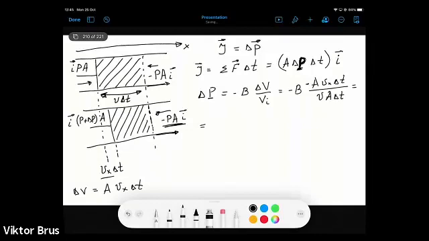And we end up with the equation B times Vx divided by V.